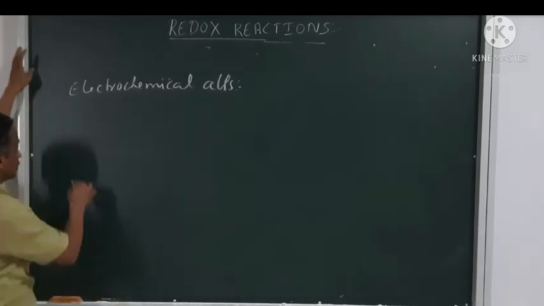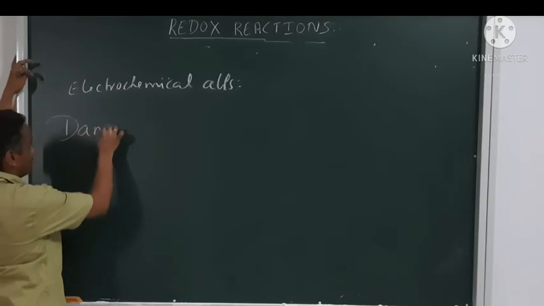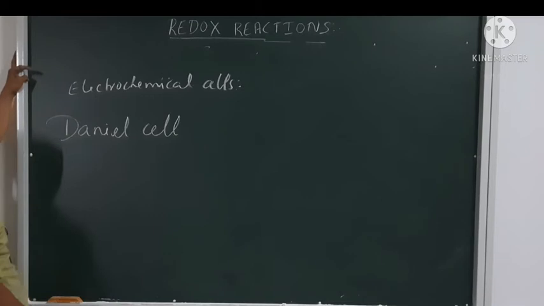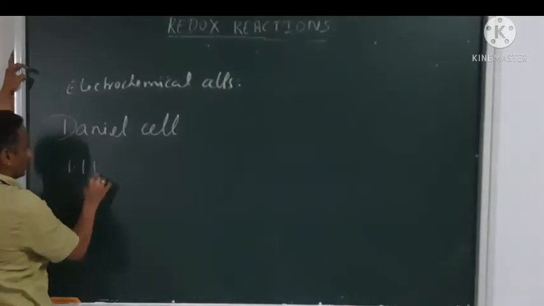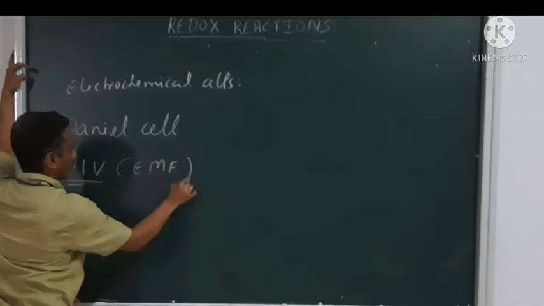One of the examples is the Daniell cell. In the Daniell cell, the EMF is 1.1 volt.